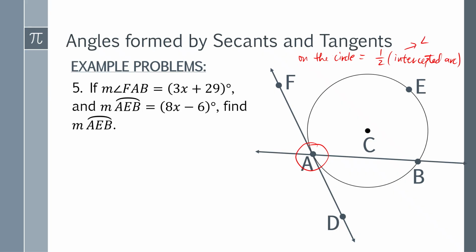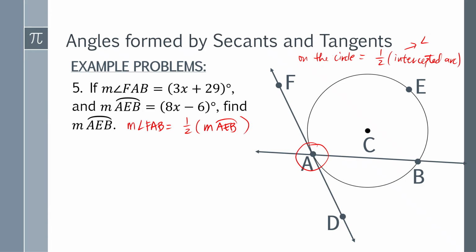Since the intersection here is on the circle, we have to use the formula: the measure of angle FAB is equal to half of the measure of the major arc AEB. Now, replace.